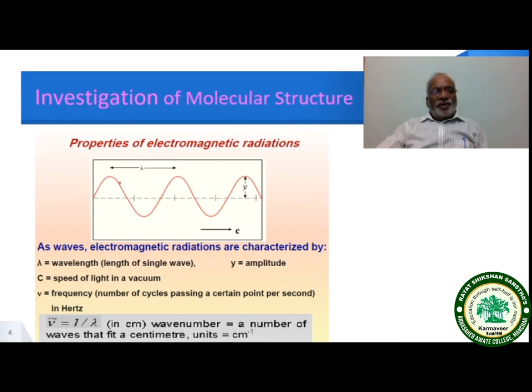Here it becomes a complete half cycle up to this point, and again the next half cycle. Here a complete wave has travelled. So the distance travelled by a complete wave, from this to this, is considered the wavelength, or the distance between two successive maxima or two successive minima is considered lambda or wavelength.